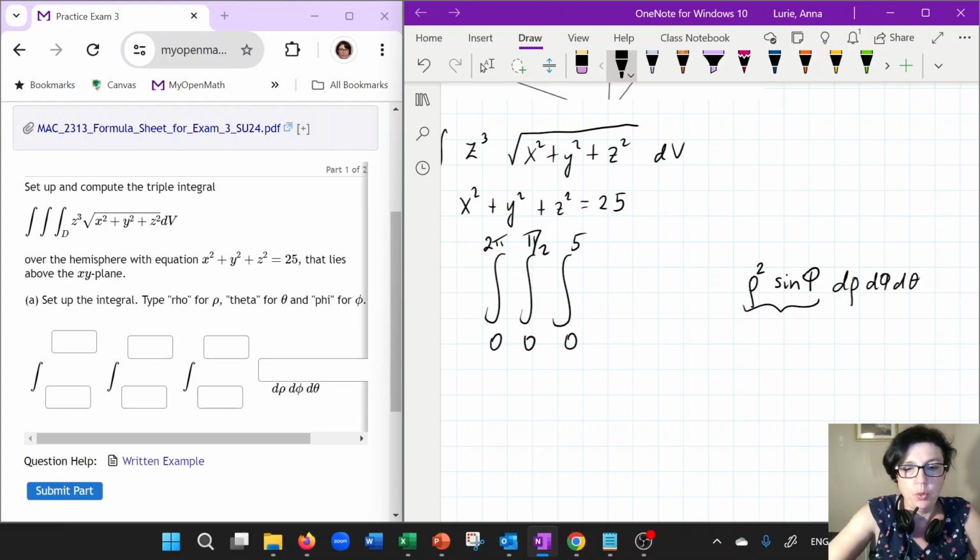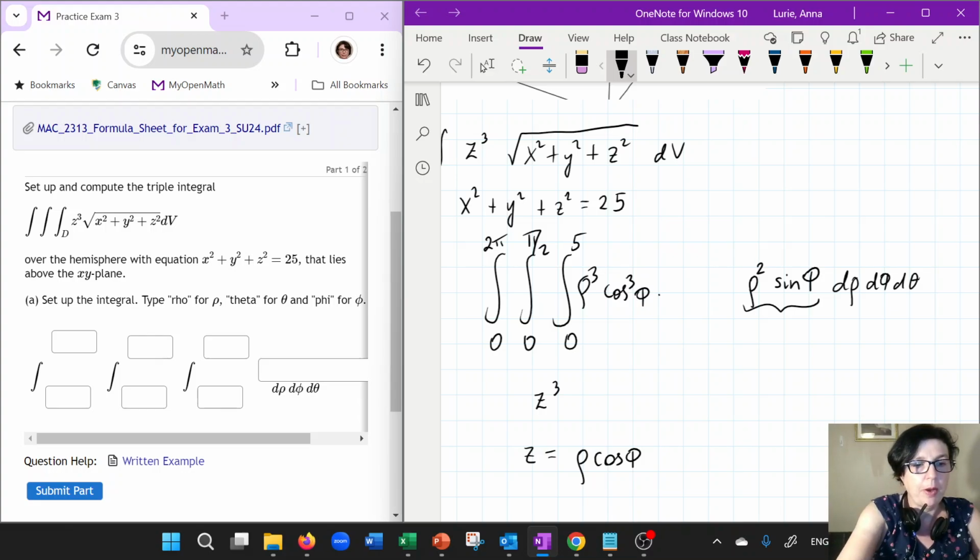Now, we do integrate z cubed here. What is that? z in spherical coordinates is rho cosine phi. That's just the connection between them. So z cubed would become rho cubed cosine cubed phi. Now, what about that square root?